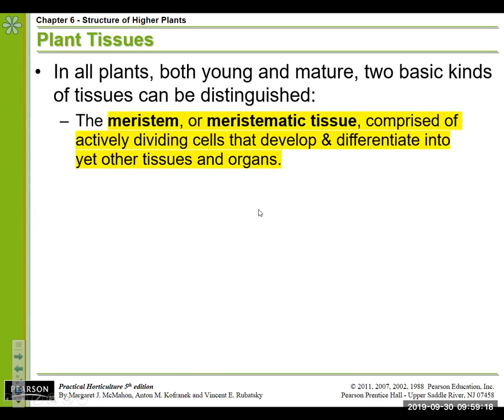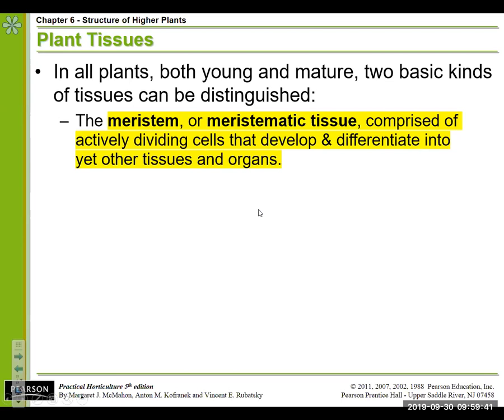We have two basic kinds of tissues in plants, and we mentioned the meristem earlier. The meristematic tissue is where cells are actively dividing. And within them, there was this controversy some years back talking about stem cells, right? So this is kind of what these meristematic cells are.